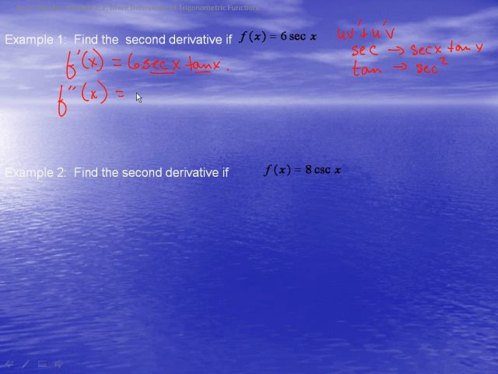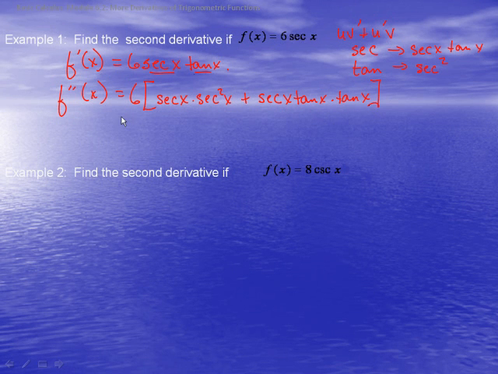First we have 6 times, u would be secant x, times the derivative of tangent, which is secant squared x, plus the derivative of the first one, the derivative of secant, which is secant x tangent x, times the second one, which is tangent x.